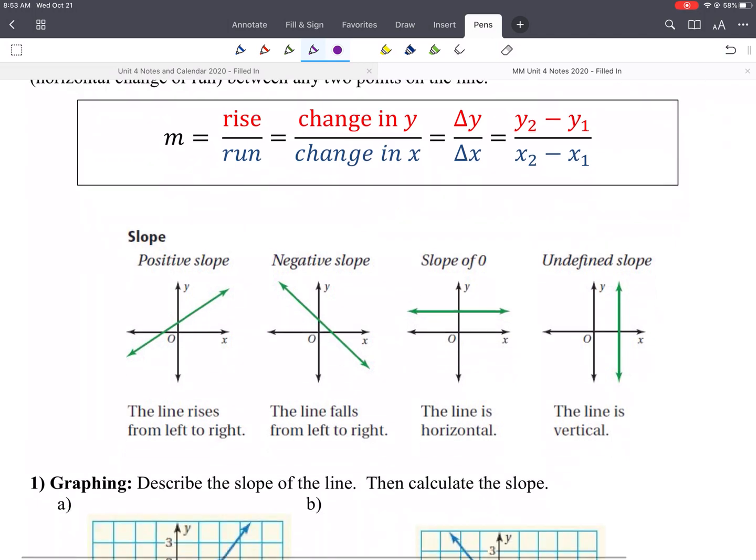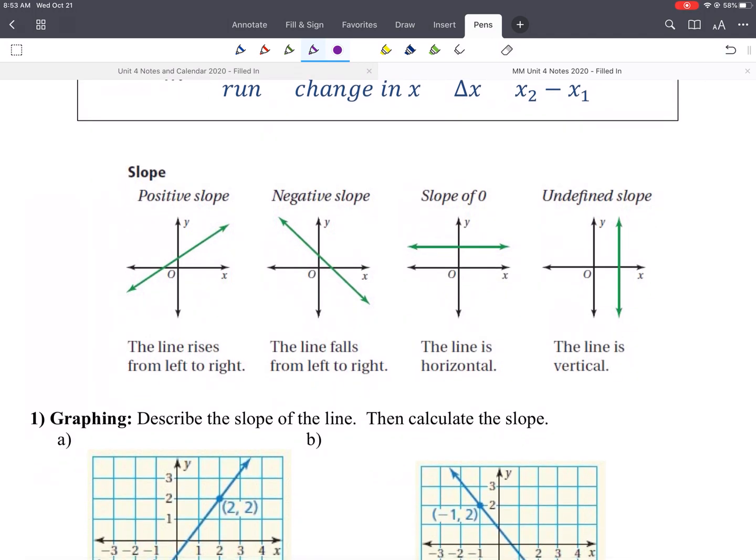Okay? So slope can be positive, like these examples. It can also be negative. It can have a slope of 0, or it can be undefined, an undefined slope. All right, so just remember, I always think about this going left to right, just like when you read. If you were walking this direction, you're getting higher, a positive slope.